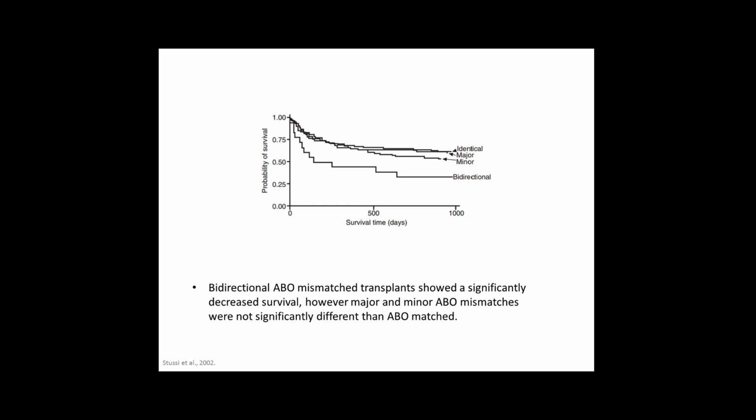This is an interesting slide because it shows that bidirectional ABO mismatched transplants showed significantly decreased survival. However, major and minor ABO mismatched transplants did not show decreased survival compared to ABO matched, which was exactly the opposite of what the previous paper, the Kimura paper, showed.